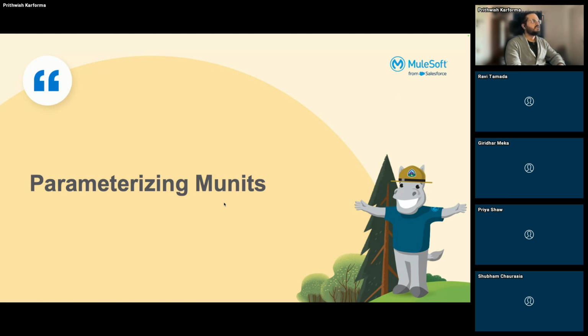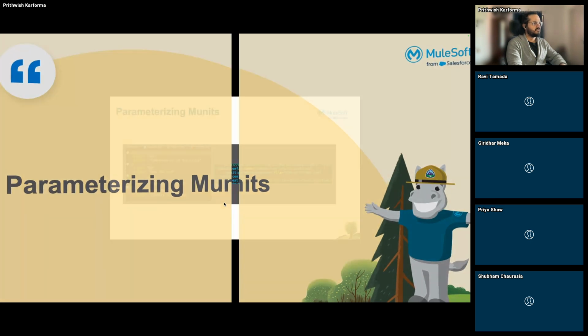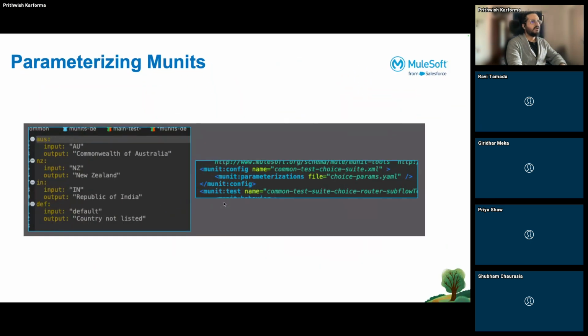Suppose there are four choice blocks in your solution; do you now build four different test cases in MUnit tests to test each of those branches? No, you can do that, but another very neat way of doing that is using the concept of parameterizing MUnits. Now, there are two ways of parameterizing MUnits.